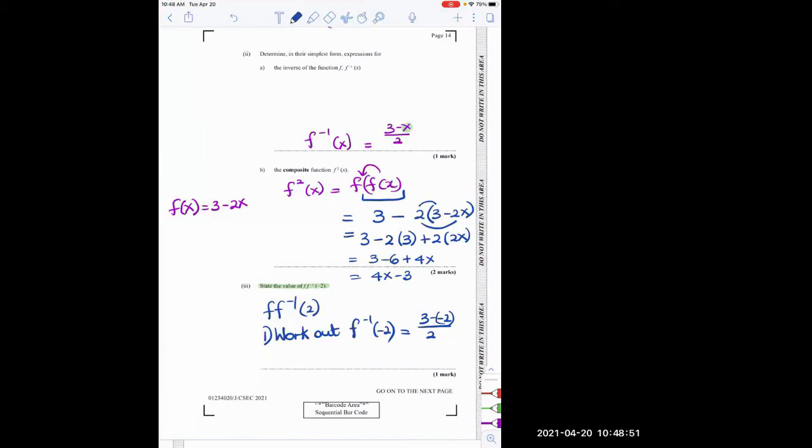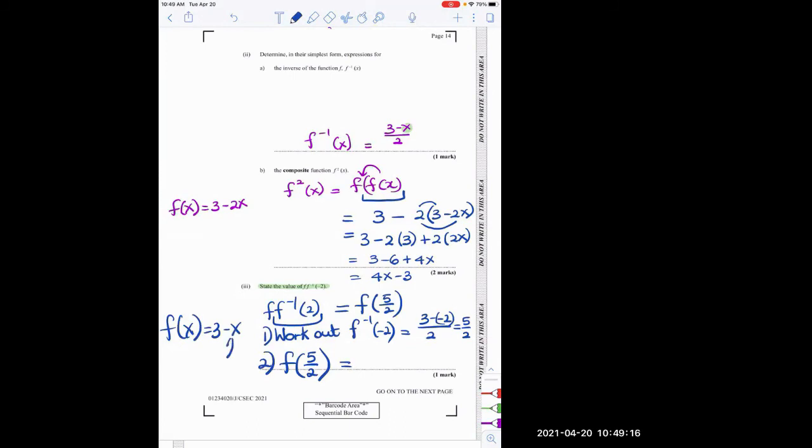That'll be 5 over 2, ma'am. Thank you, Malik. 5 over 2. Now, the question asked, so we work out this piece already. So now this is f of 5 over 2. So second, you have to work out f of 5 over 2. So now replace in the function f of x, which is 3 minus 2x, replace x with 5 over 2.